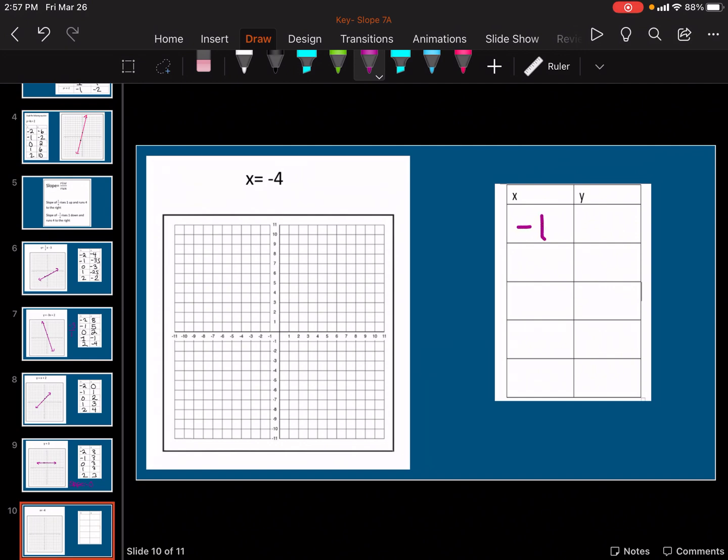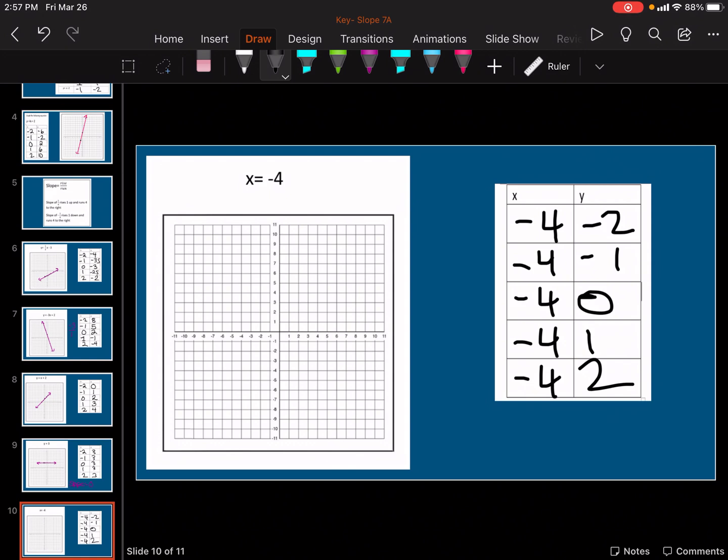Here, x is always -4. If I plug in -2, -1, 0, 1, 2, so -4, -2. See, we're going this way now.